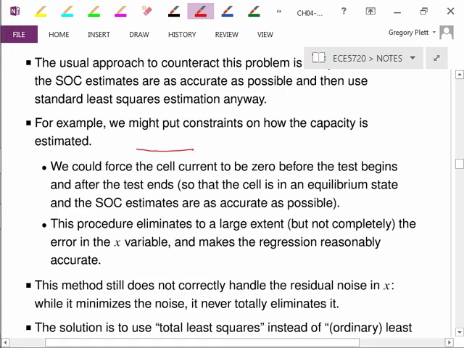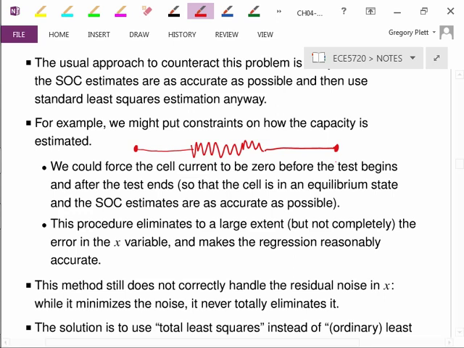So I can make as accurate an SOC estimate as possible, and whatever I do during the test happens, and then I rest so that I'm also in as close to an equilibrium state as possible, and use this SOC and this SOC and the integrated current in between to make my SOC estimate.